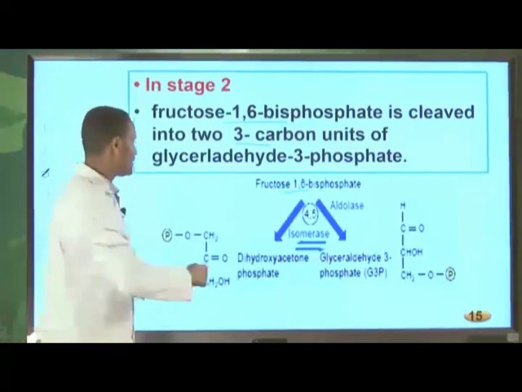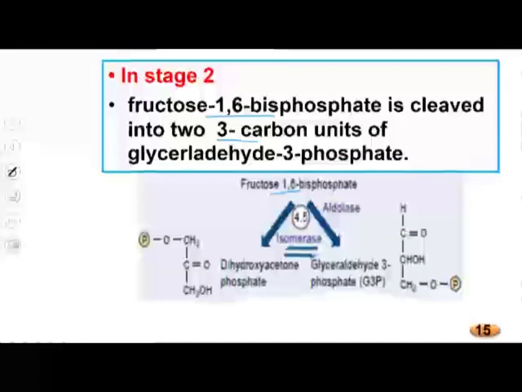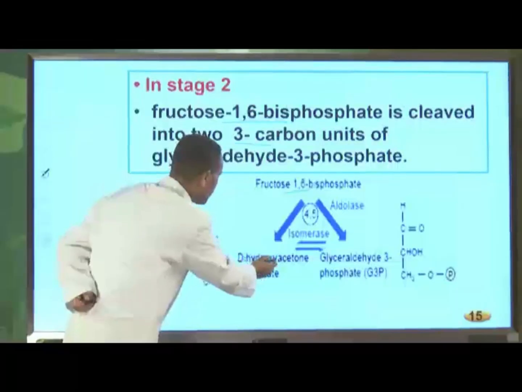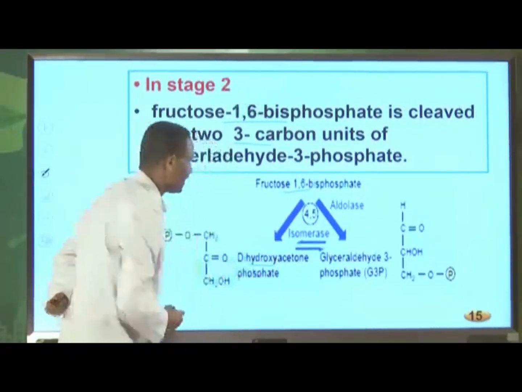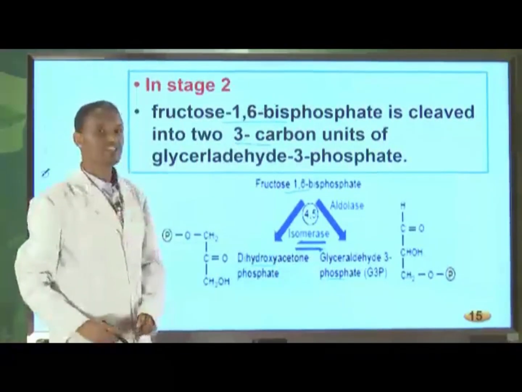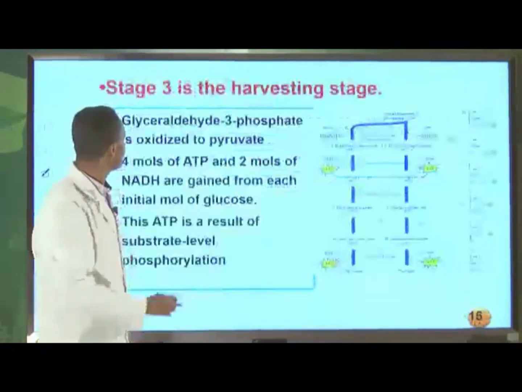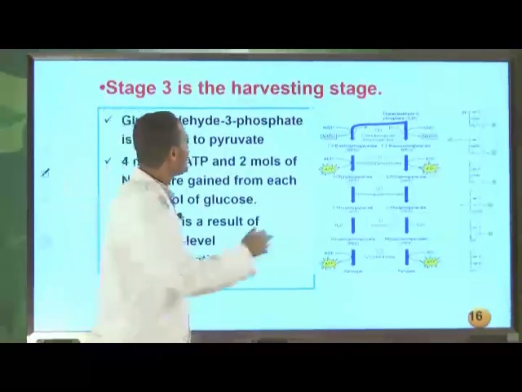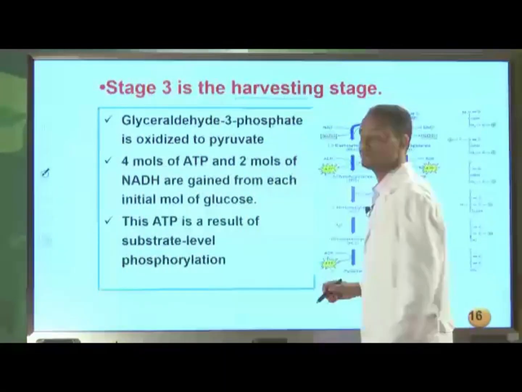At this stage, this compound is cleaved into 2 compounds containing 3 carbons, which are dihydroxyacetone phosphate and glyceraldehyde 3-phosphate. Stage 3 of glycolysis is the harvesting stage.